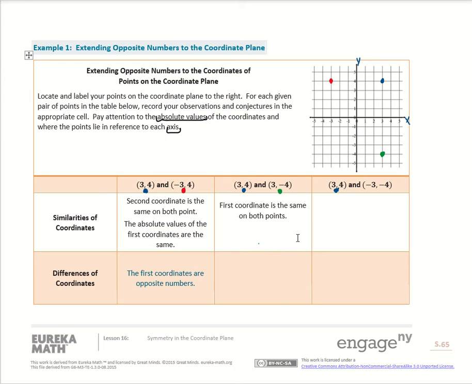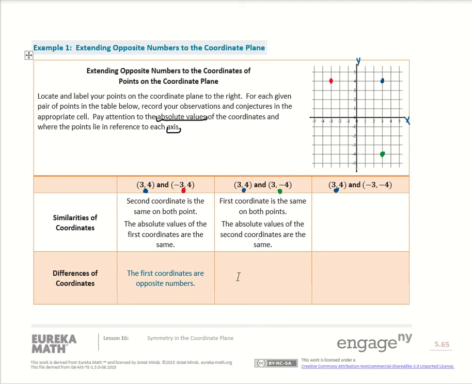The absolute values of my second coordinates are going to be the same this time. The absolute value of 4 is 4, and the absolute value of -4 is also 4. So the absolute values of the second coordinates are the same. Instead of the second coordinate being the same, now our first coordinate is the same.